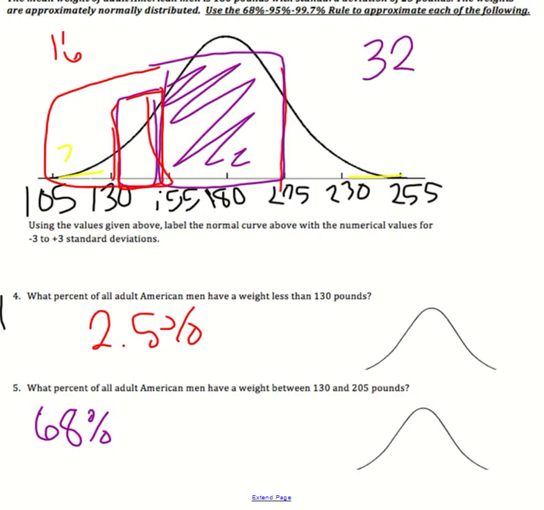So that means that this is 2.5%. So if we take that 16, we subtract 2.5, we will get this little chunk in here. 16 minus 2.5 gives us 13.5, so we add 13.5, and that's going to give us 81.5%.